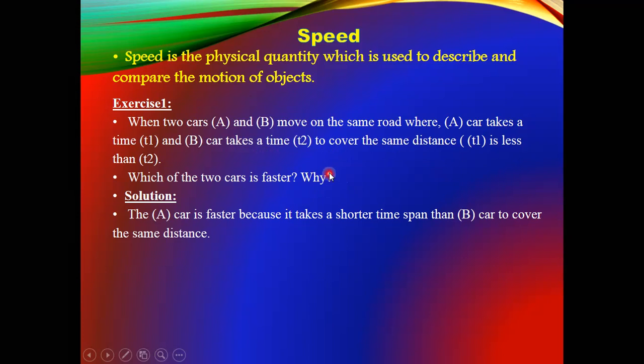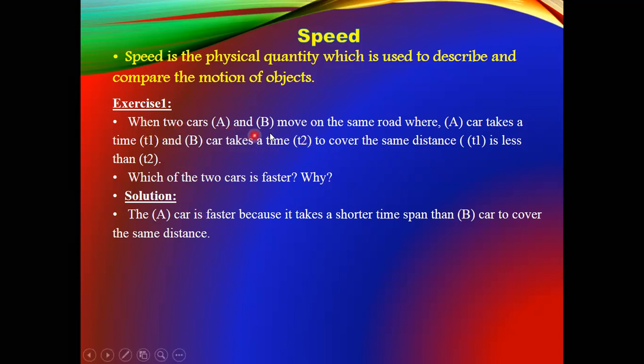So I can describe your movement as fast or slow by your speed, or compare your movement with any other object, whether you are faster, slower, or even at the same speed. These are the uses of speed.